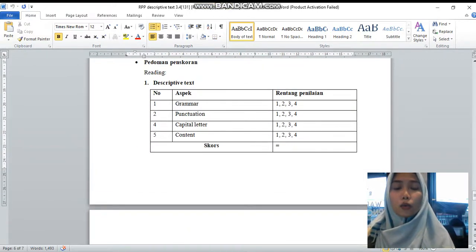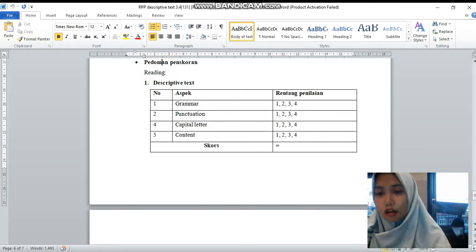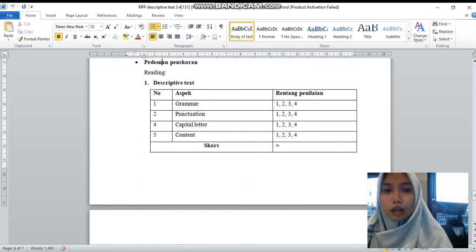What the student wants to describe can be a person, thing, or place. So the teacher can give a score on the student's grammar, punctuation, capital letters, and content in their text.